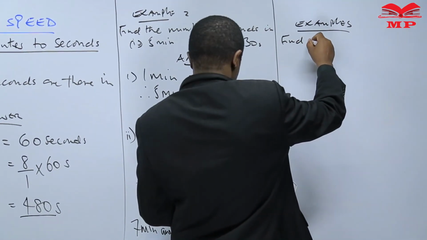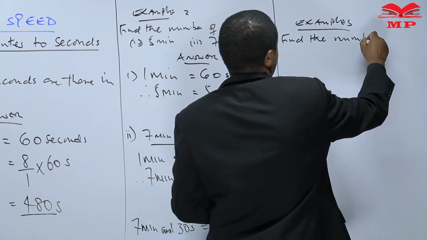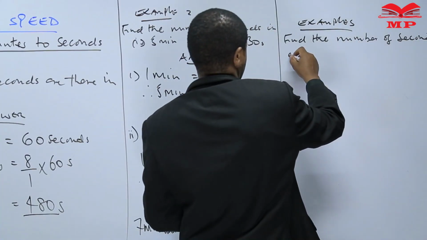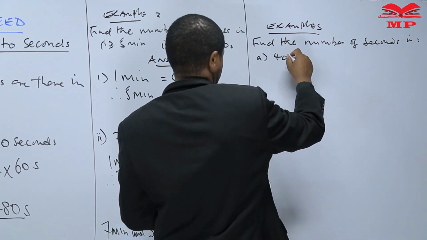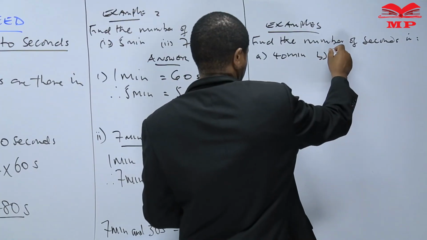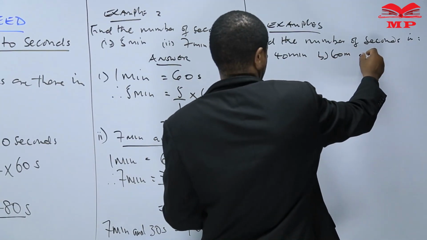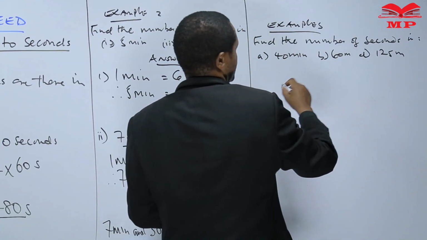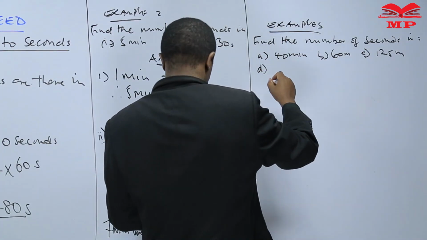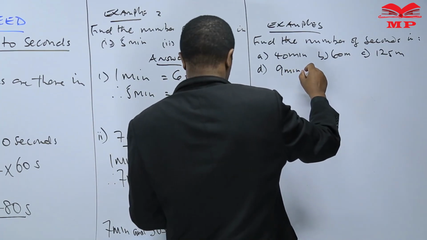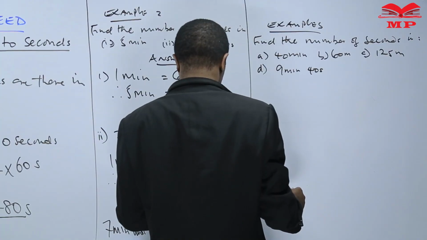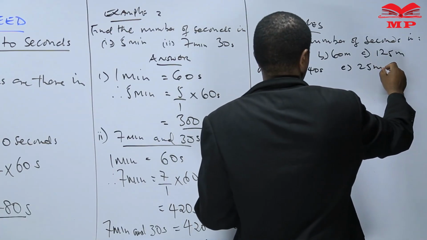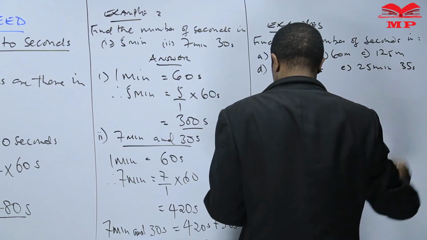Find the number of seconds in: A, 40 minutes; B, 60 minutes; C, 125 minutes; D, 9 minutes 40 seconds; then E, 25 minutes and 35 seconds.